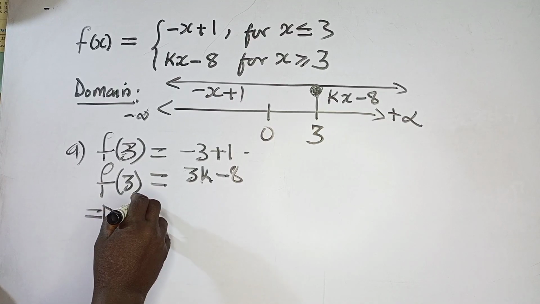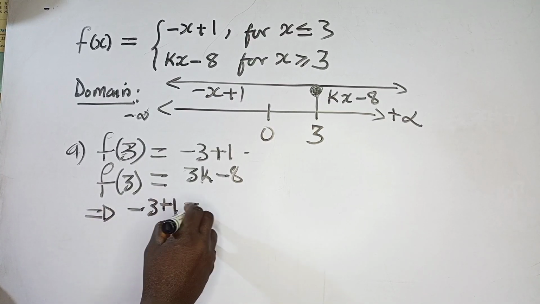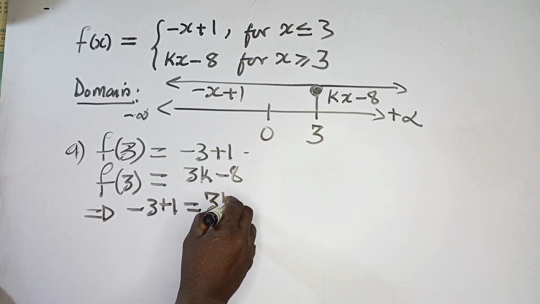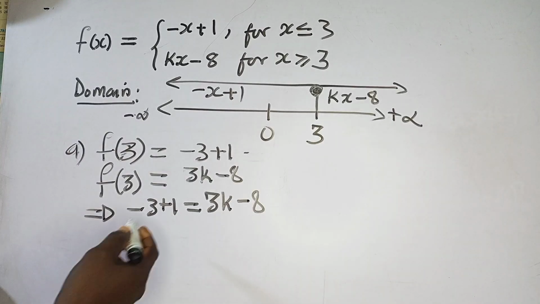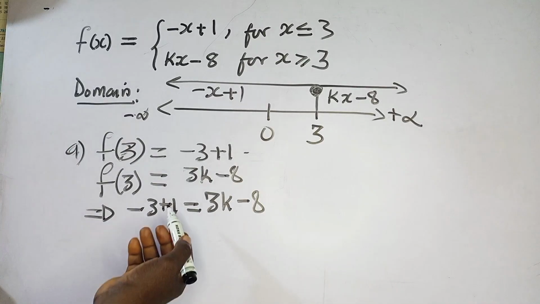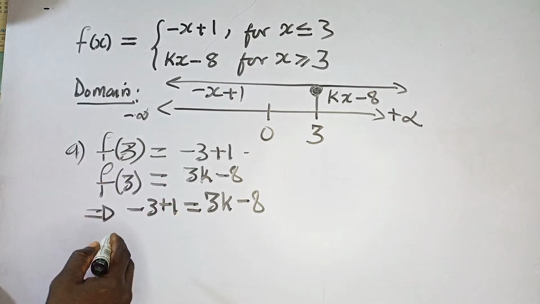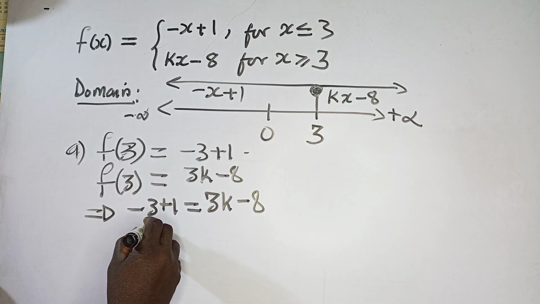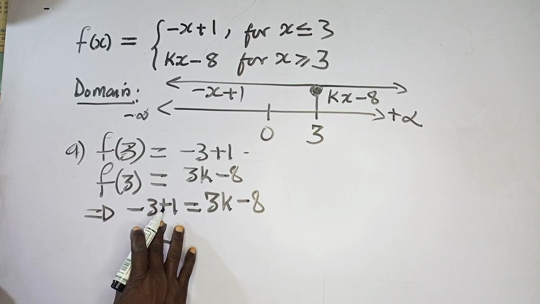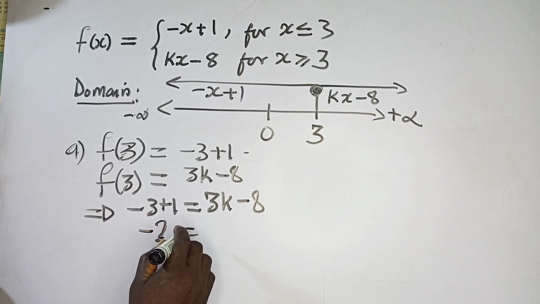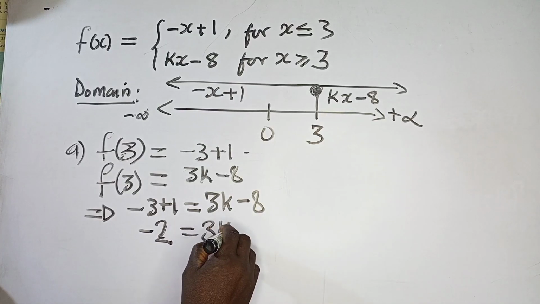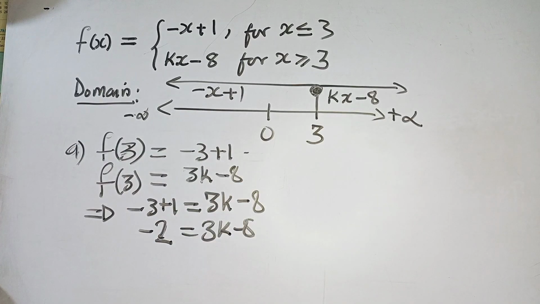It therefore means that this expression must be equal to this expression. So we now write negative 3 plus 1 must be equal to 3k minus 8. Negative 3 plus 1, we can read as 1 minus 3, which is negative 2. So we have negative 2 is equal to 3k minus 8.